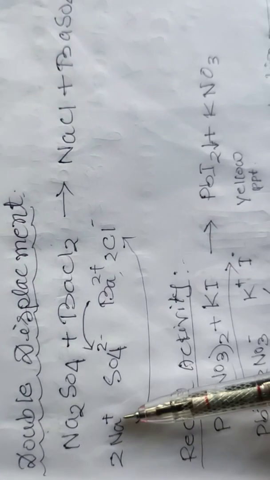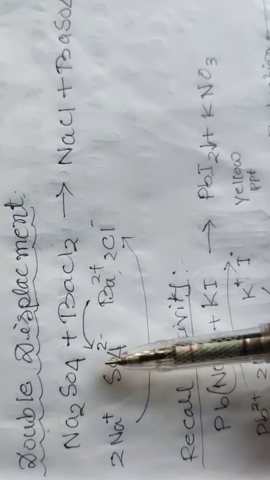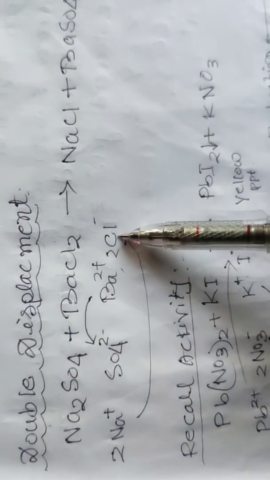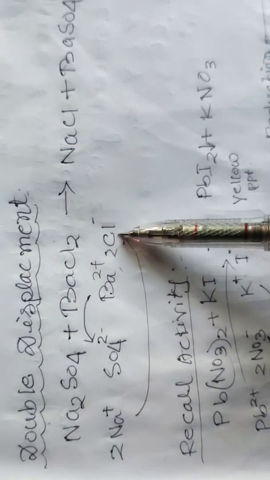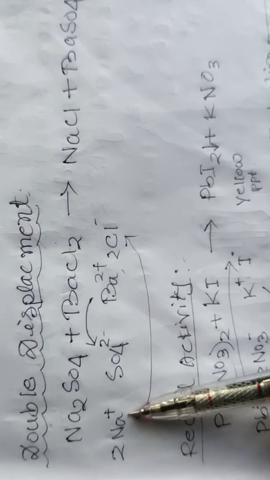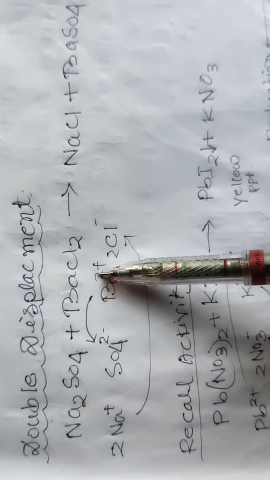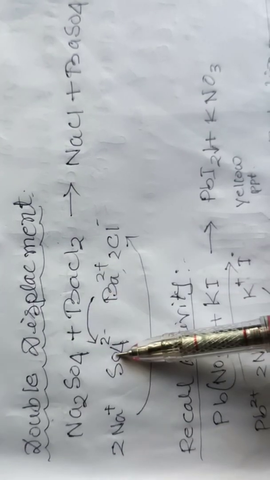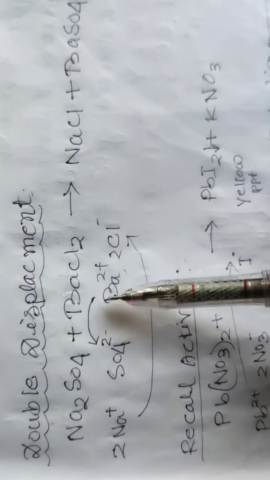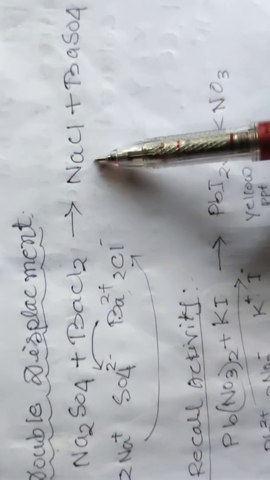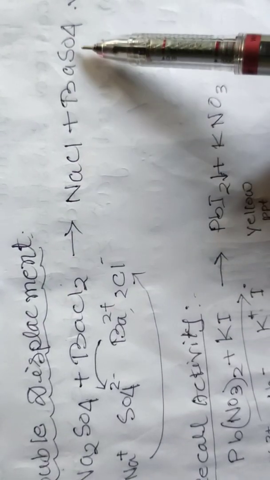Then the positive part of this compound will meet the negative part of the other compound, and thus the ions are exchanged, forming the compounds NaCl and barium sulfate.